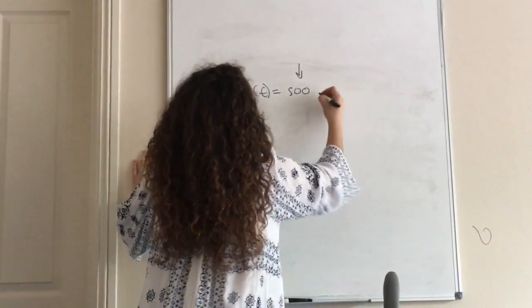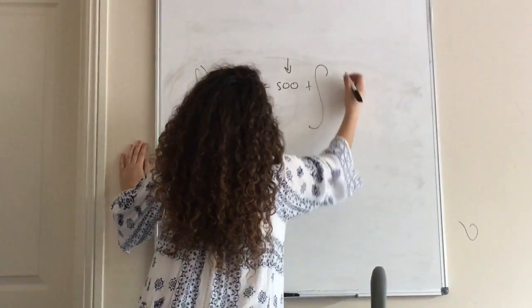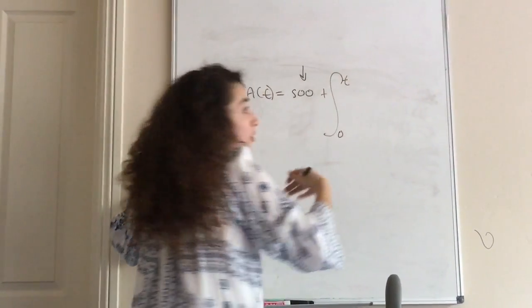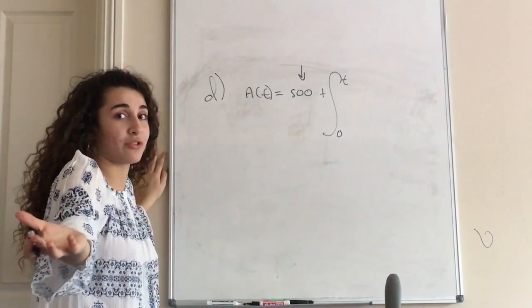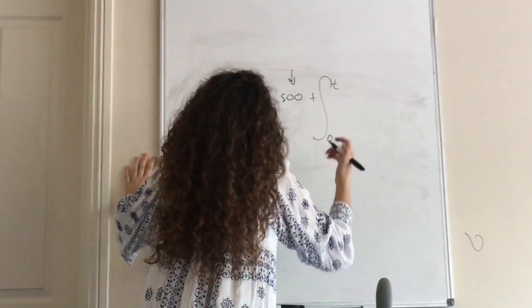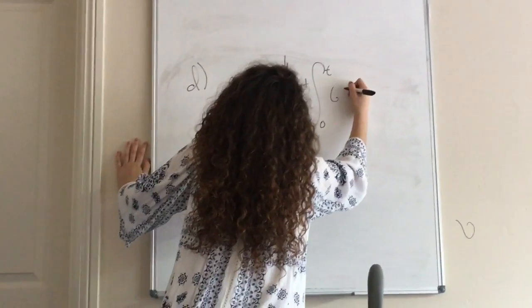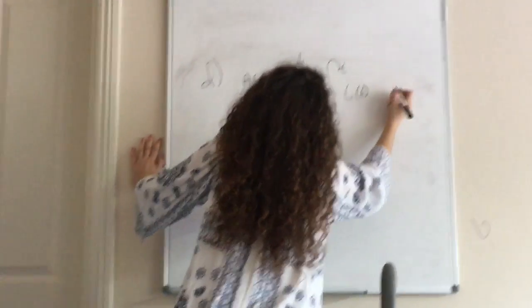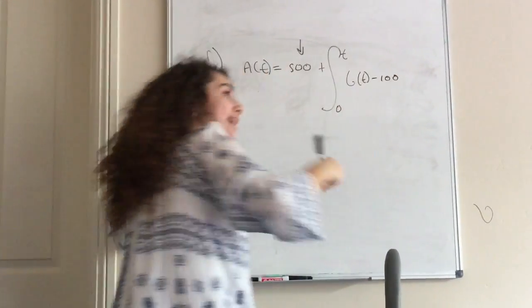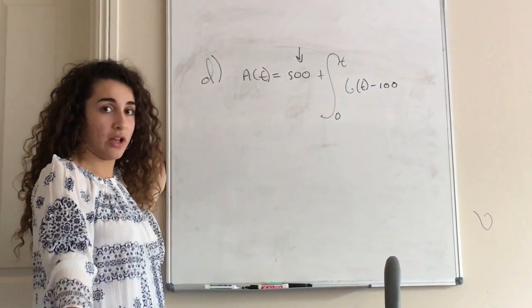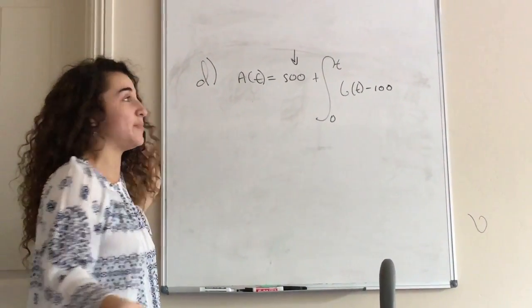So 500 plus the integral from 0 to t, because we don't know what time we're trying to find yet, of G of t minus 100. Because each hour, you're subtracting 100 tons because that's how much is being processed.